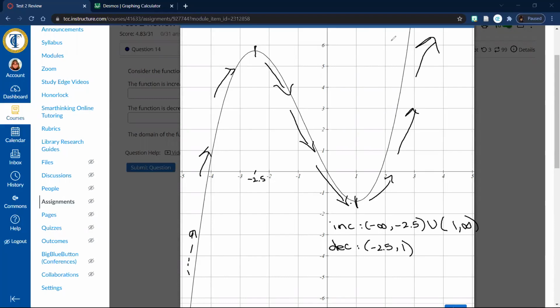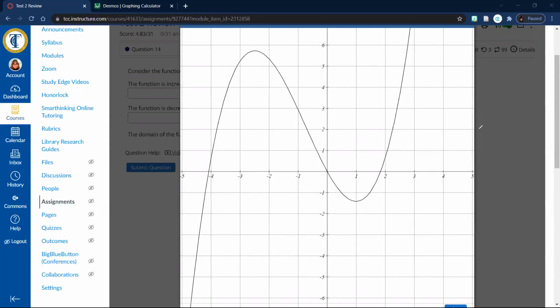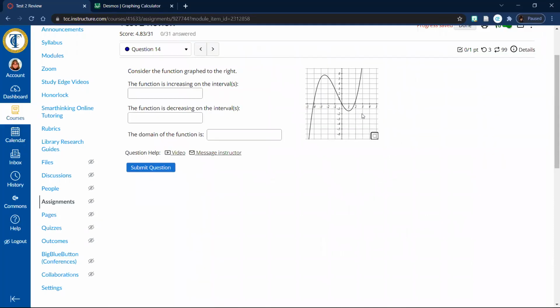Now, looking at this, what is our domain? Our domain is negative infinity to positive infinity. Whenever you see a graph like this where it just kind of goes off, expect that it's going on forever unless it says otherwise. Good job.